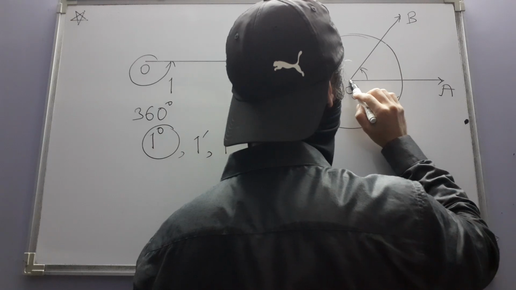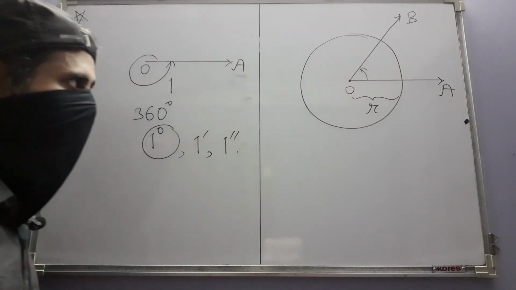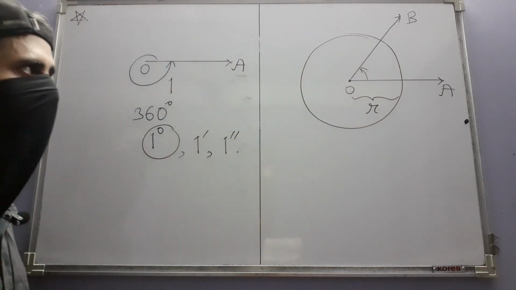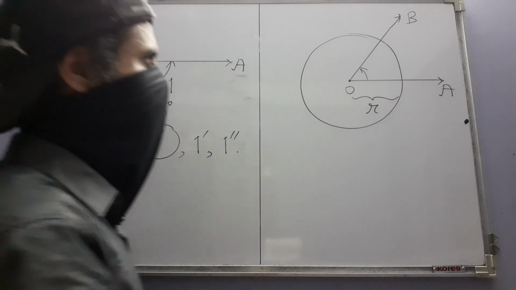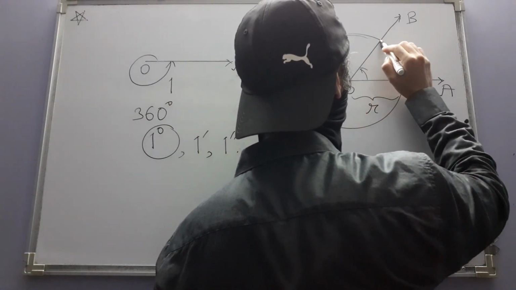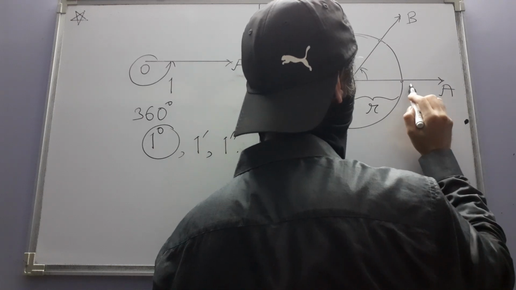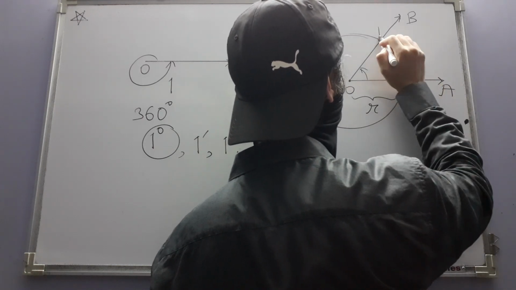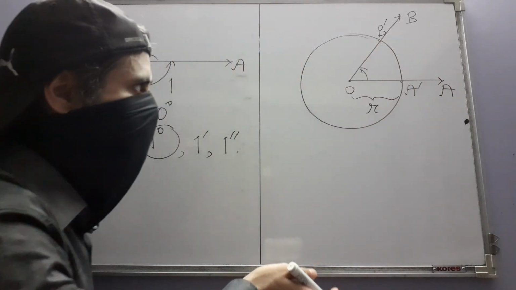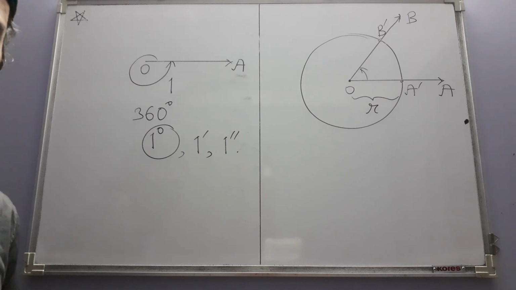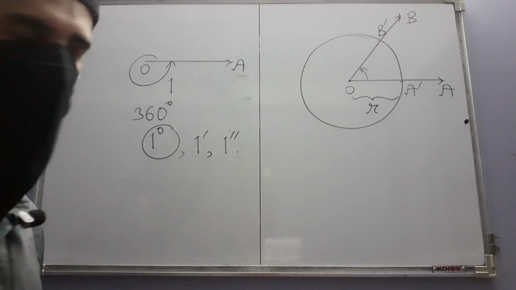Now, this angle whose vertex coincides with the center of the circle determines an arc on the circle. Say this is A prime, this is B prime. That circular arc A prime B prime obviously will have some length.